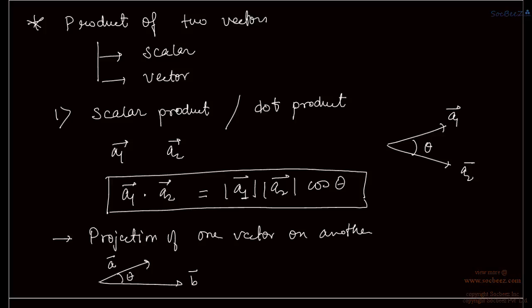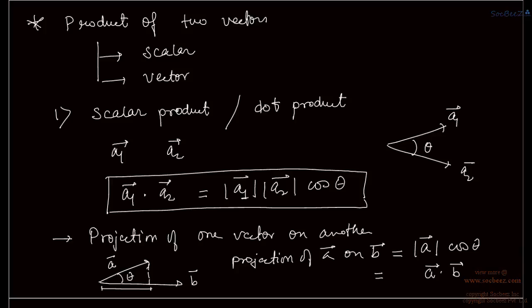Say we have to find the projection of A upon B. If we check, this length is the projection of A upon B. So the projection of A upon B is nothing but the magnitude of A times cos theta, right? This can equivalently be written as the dot product of these two vectors, A dot B, upon the magnitude of B vector, right? So knowing the dot product, we can easily find the projection of one vector on another.